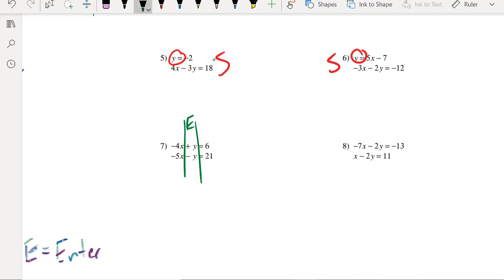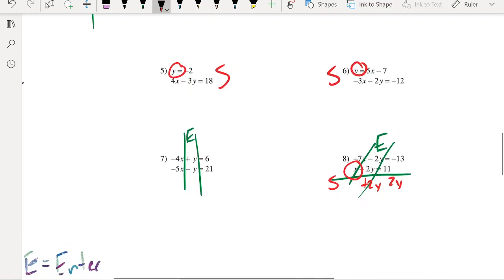And then right here, this one you'd have to do something to it. So this one would kind of be good for elimination because of that. But then also the x isn't really far away from being solved. All I'd have to do is add 2y to both sides, and then I'd have that solved. So that's kind of okay for substitution.